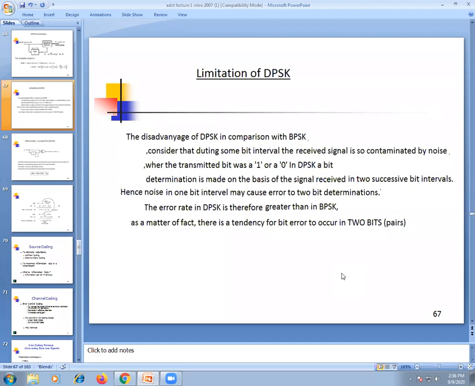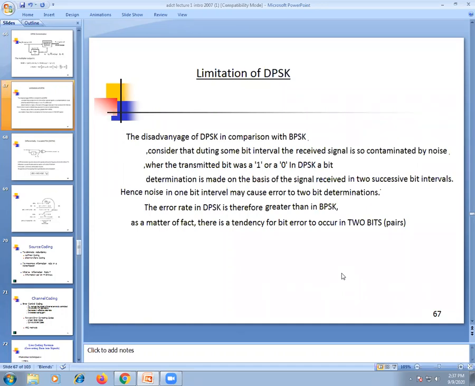In DPSK, differential data is given to the balanced modulator. Now the phase difference occurs, 0 to 180 degrees or 180 degrees to 0, based on the B of t signal. B of t is the differential data, not the original data. The differential data is D of t.